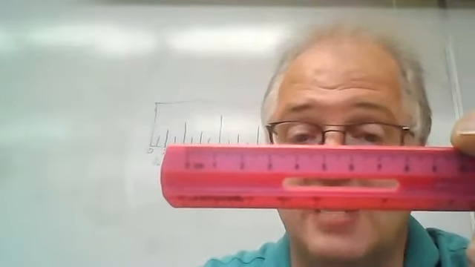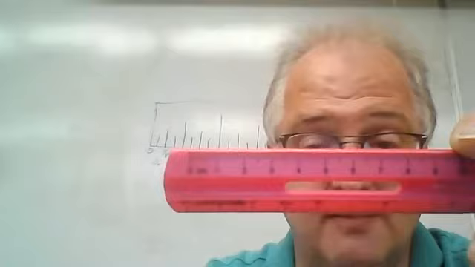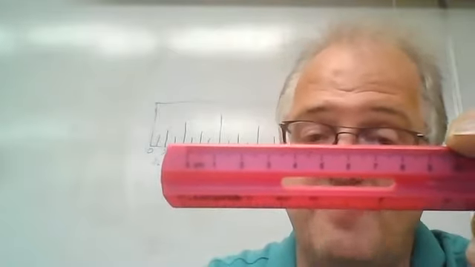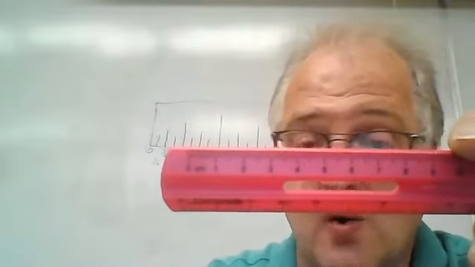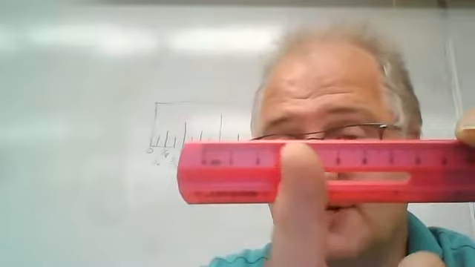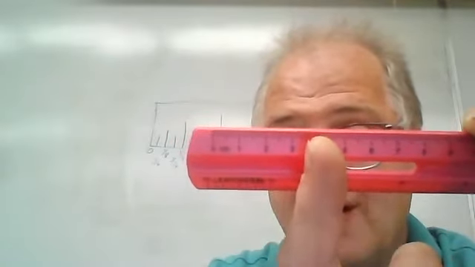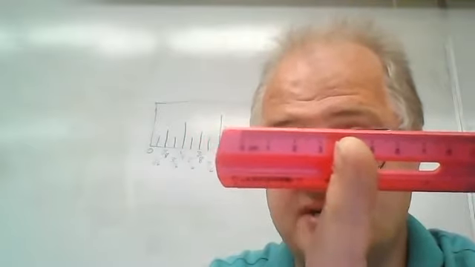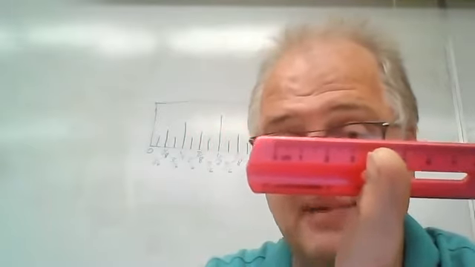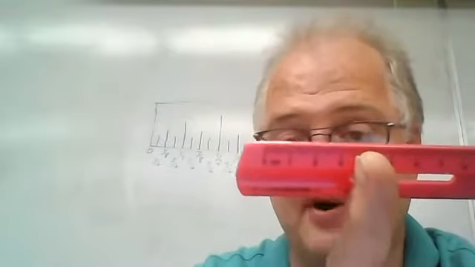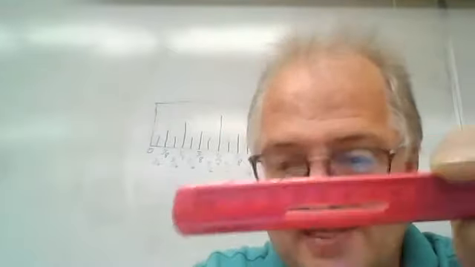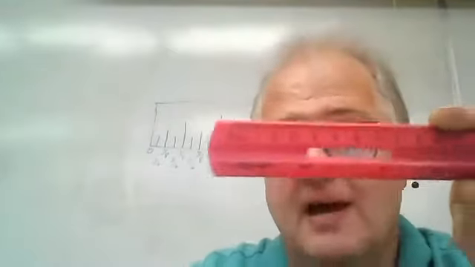We would say that 1 centimeter is the same as 10 millimeters. Or if I put my finger right here at 3.5 centimeters, 3.5 centimeters is the same as 35 millimeters. That is the metric scale.